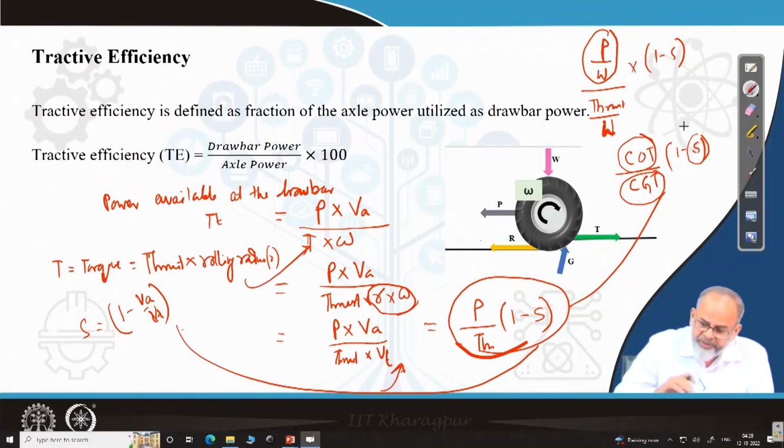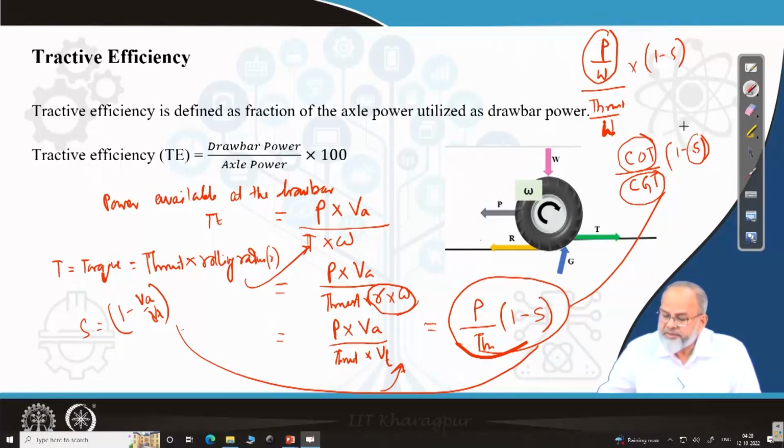So this is a composite parameter, which takes into account the different other parameters which are associated.